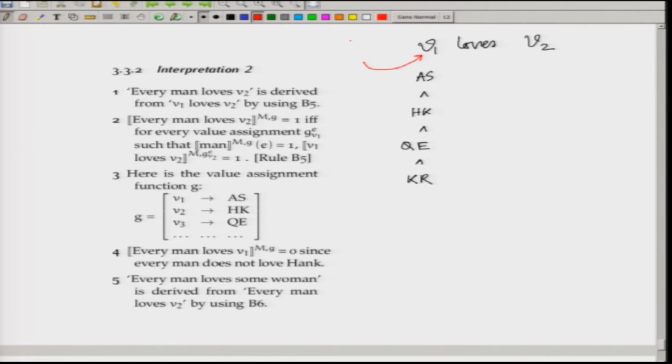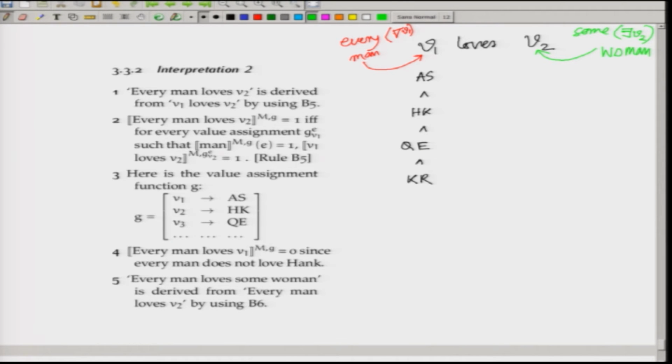This is a case of every, so it is a case of all X, all V1, right, because it is a case of all V1, and also it is a case of man, and this is a case of some, and this is a case of woman. Okay.